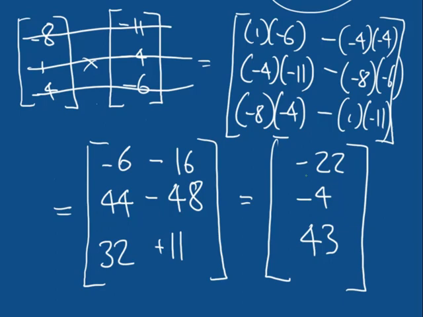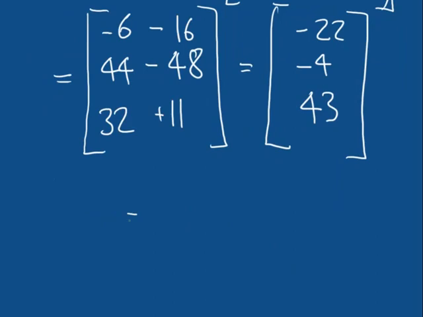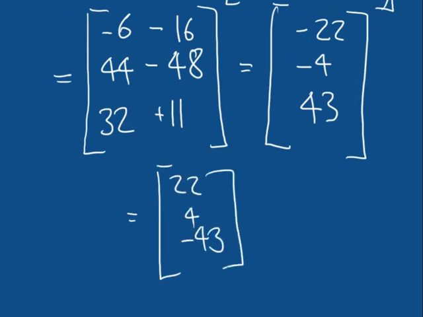Now again, based on how you define the vectors involved in that cross product, you may have ended up with a vector equal to the vector in the opposite direction, so 22, 4, minus 43. You should have ended up with one of these two vectors, or you may have ended up with a vector with a different length, of course, if you were using different vectors to define this.